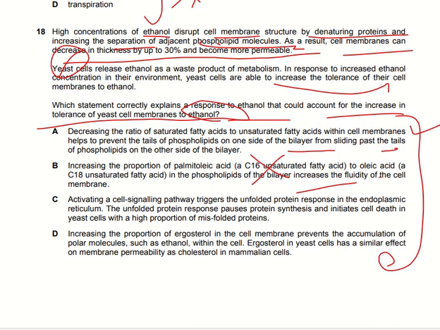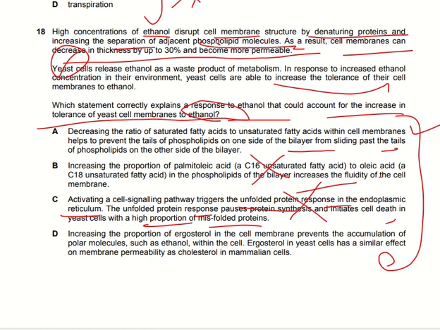Activating a cell signaling pathway triggers the unfolded membrane protein response in the endoplasmic reticulum. The unfolded protein response pauses protein synthesis and initiates cell death in the yeast cells with a high proportion of misfolded proteins. But cell signaling is not related to the cell death and the protein synthesis.